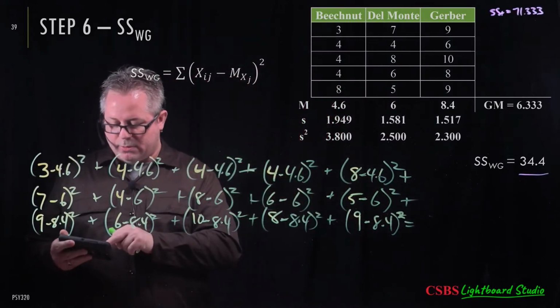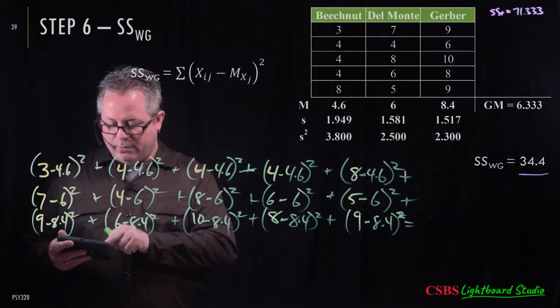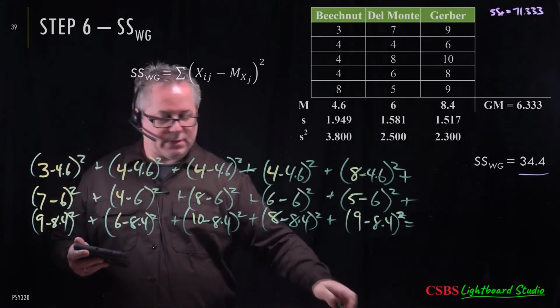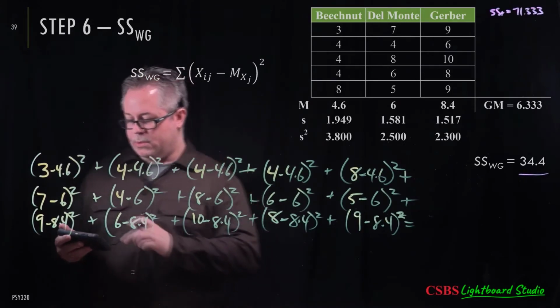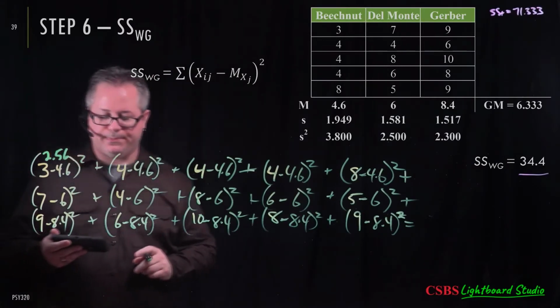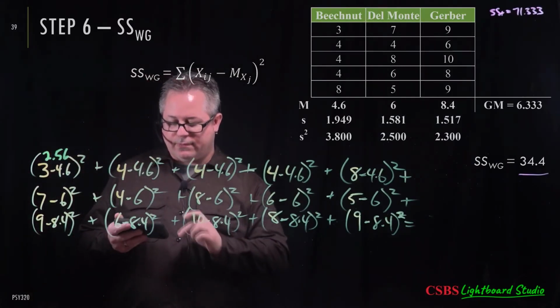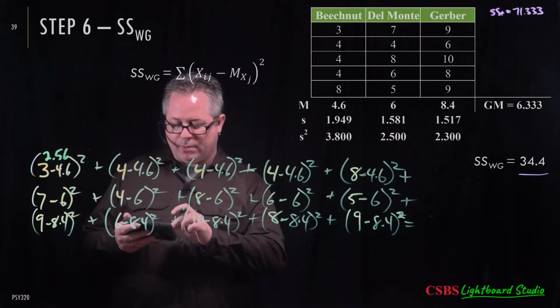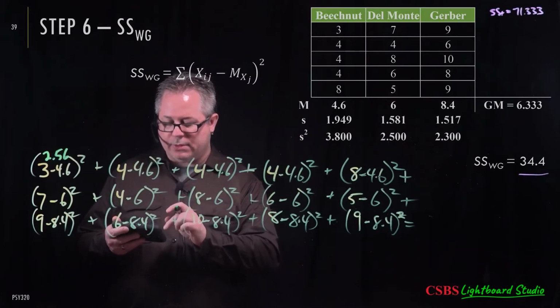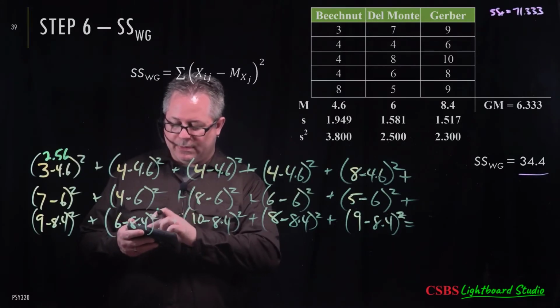Alright, so 3 minus 4.6 equals negative 1.6. Squared is 2.56. What's that one? So 4 minus 4.6 is negative 0.6 squared.